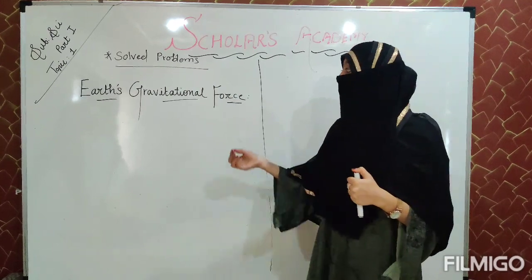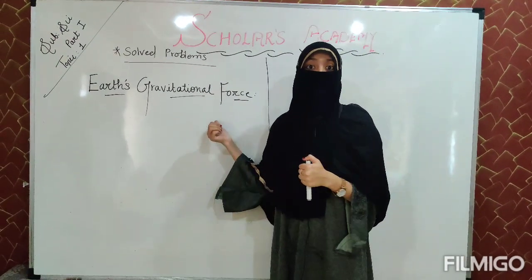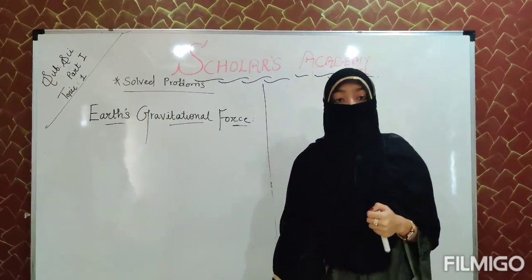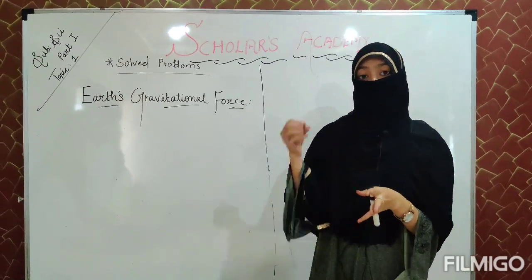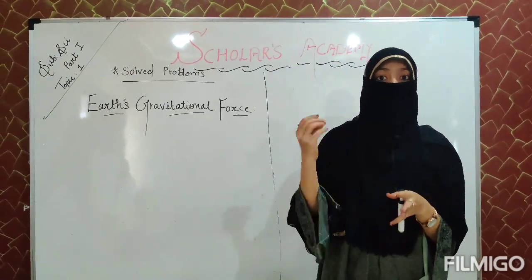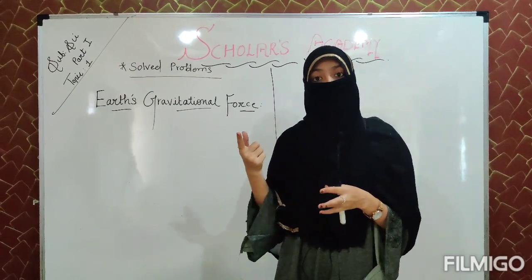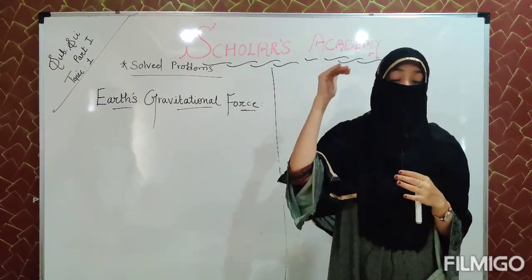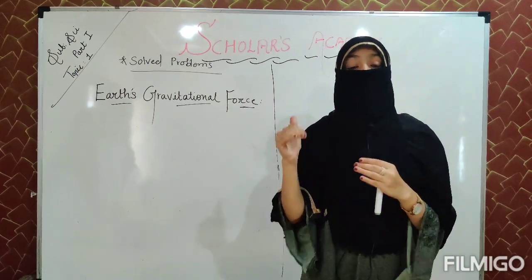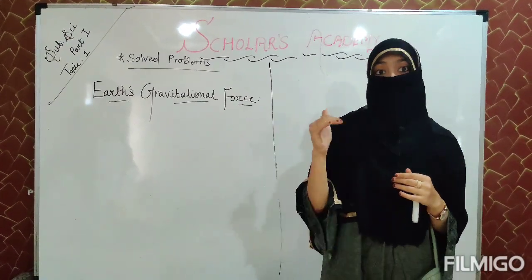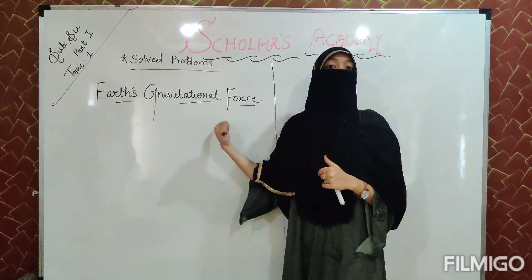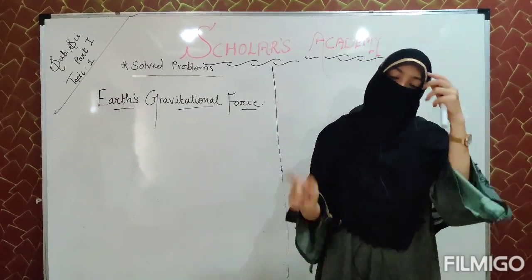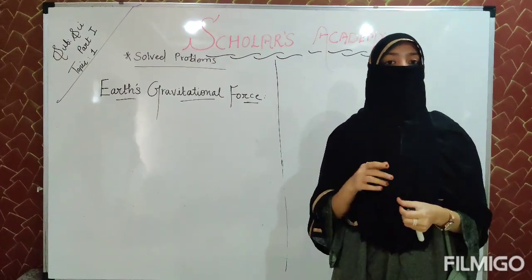When we apply a force which is greater than gravitational force, the object will move under the action of that force. Suppose I am throwing a stone in the upward direction, the stone goes up and then there will be a point where my force will become 0. At that point the gravitational force will act on that stone and it will automatically come downward towards the surface.